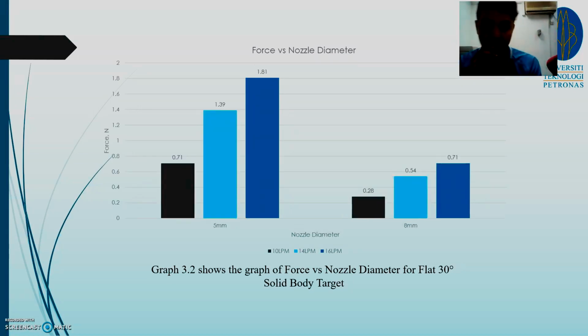The same thing applies for graph 3.2 for the flat 30 degree solid body target, where even though the volumetric flow rate is the same, the force for different nozzle diameters will be different, where the lower the diameter, the higher the force.